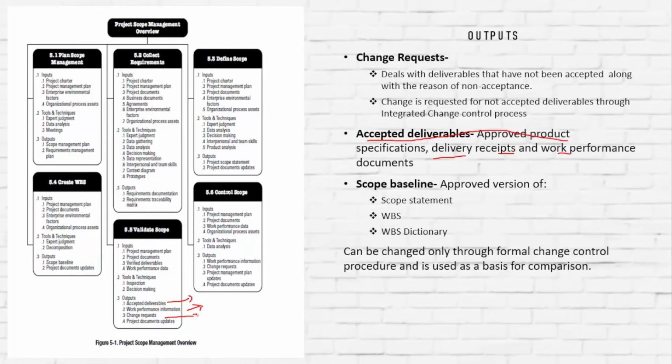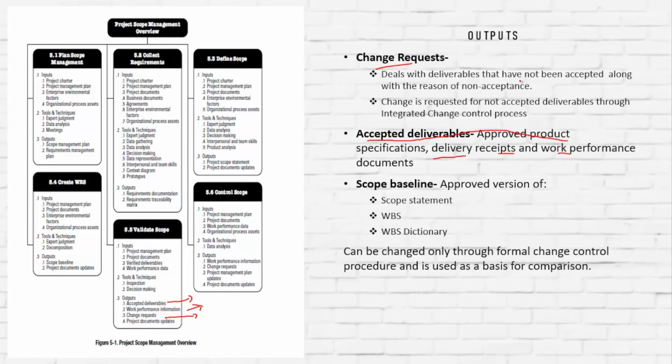I already dealt with work performance information. Let's deal with the change request. Sometimes when we create deliverables, say I am in a manufacturing plant which produces chocolates, 90 out of 100 chocolates are packaged well, but for the other 10, the packaging is not as per the quality standard. Those chocolates won't be accepted by our customer.